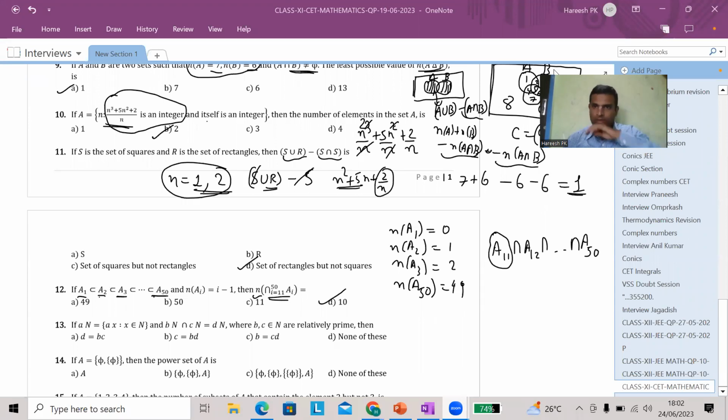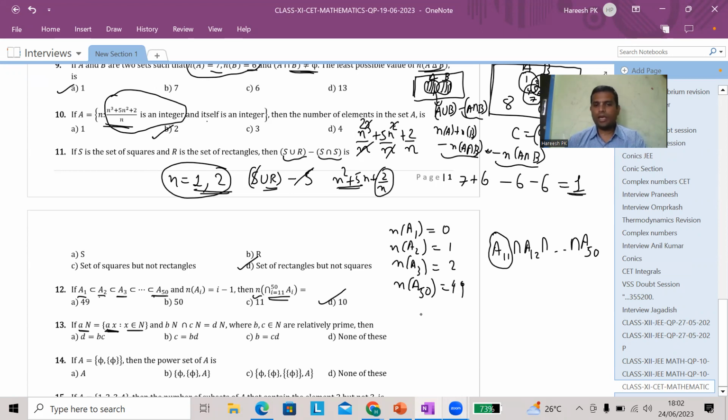Thirteenth is again a direct question. They are saying if a set AN is multiples of AX, and X belongs to natural number, you can put X as 1.